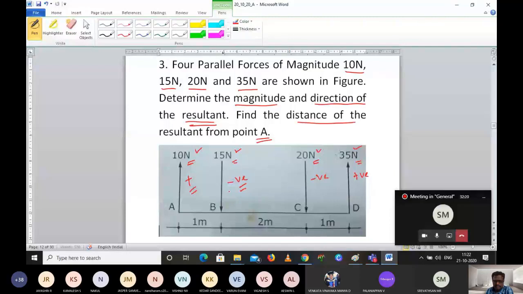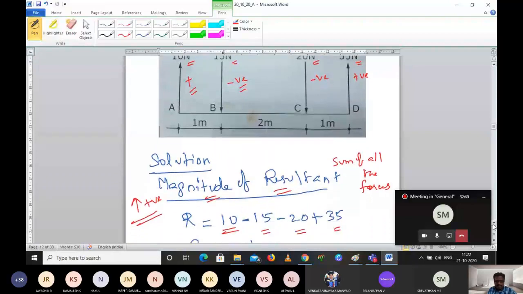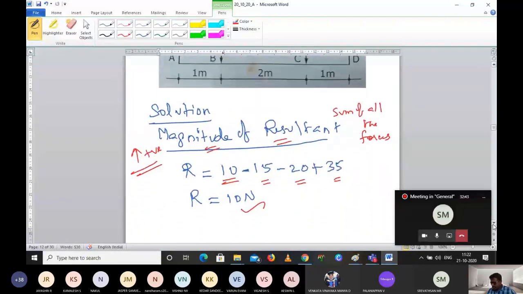It's up to you how you approach it, but if you follow this, it will be well and good. We can follow it uniformly. So in this system, 10 Newton and 35 Newton are acting upwards, and 15 Newton and 20 Newton are acting downwards. That is the information I am getting from this diagram. So for the magnitude, as I said, it is a summation of all the forces acting on the system.